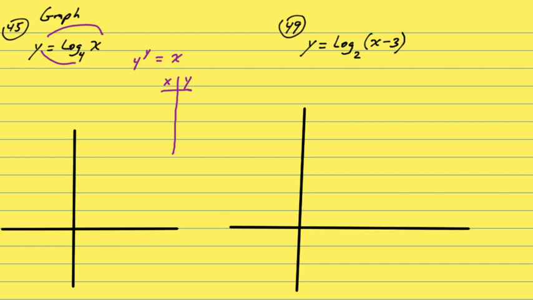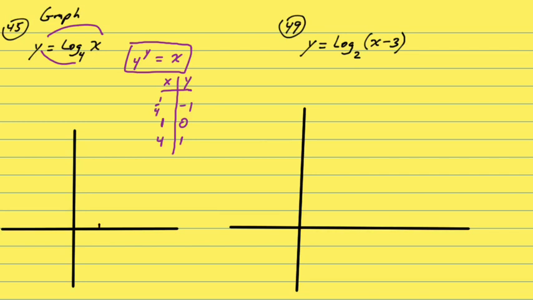Let y be 0, 1, and negative 1. If y is 0, what's 4 to the 0? 1. If y is 1, what's 4 to the 1? 4. If y is negative 1, x would be 4 to the negative 1, or 1/4.